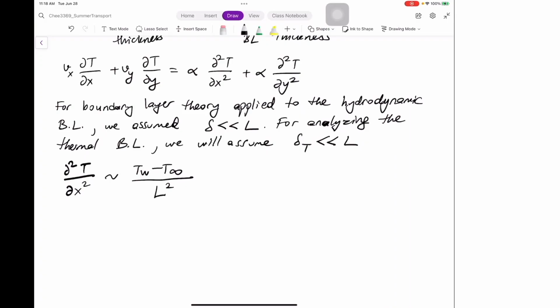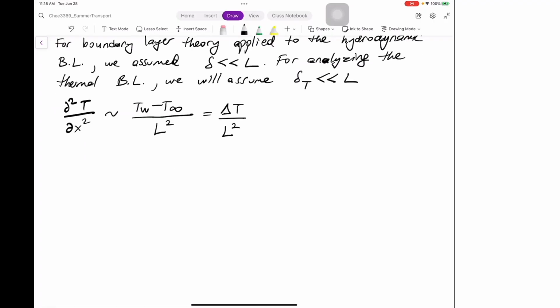Like T_w minus T infinity, from now on, let's call it delta T for the sake of simplicity. The second term on the right hand side, del squared T over del y squared, will be approximately delta T over delta_T squared, right?